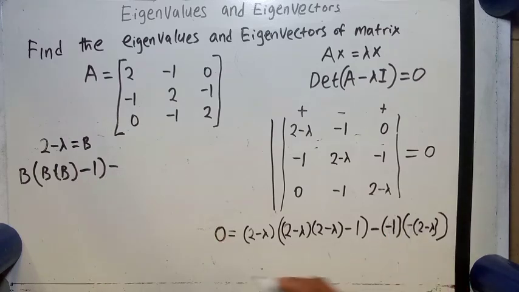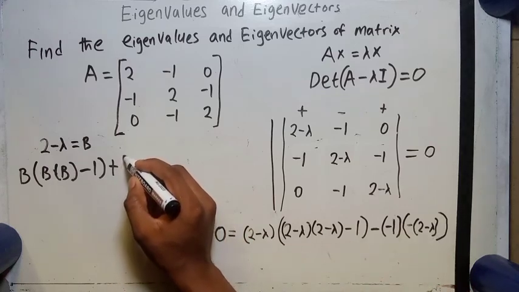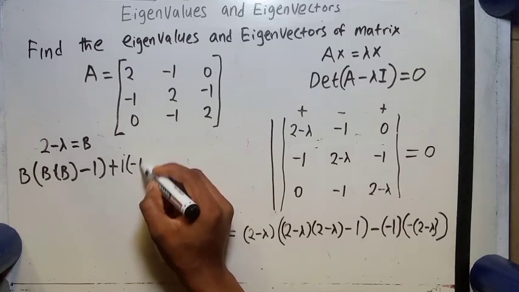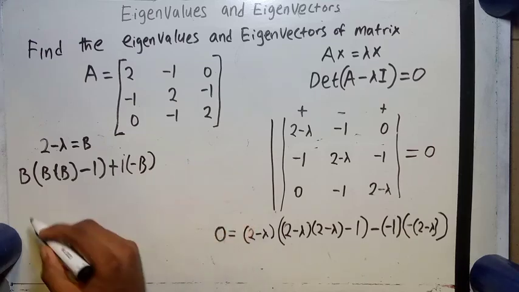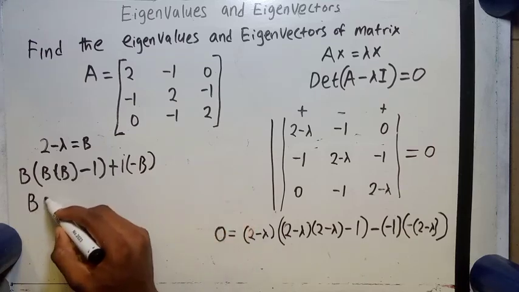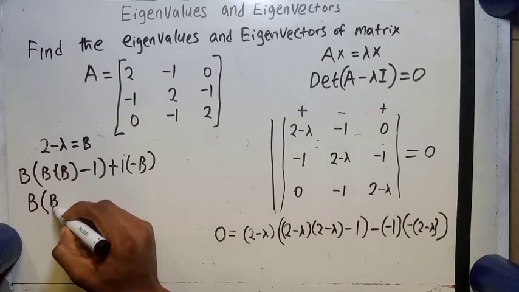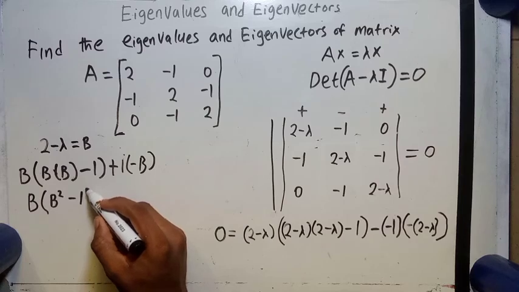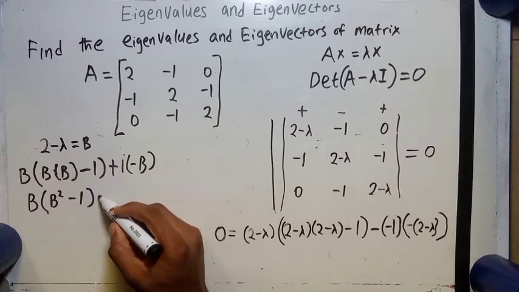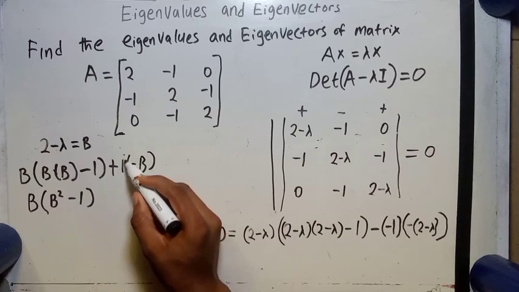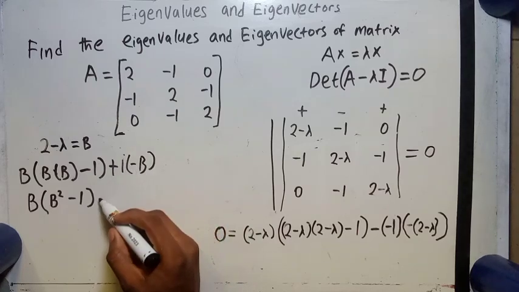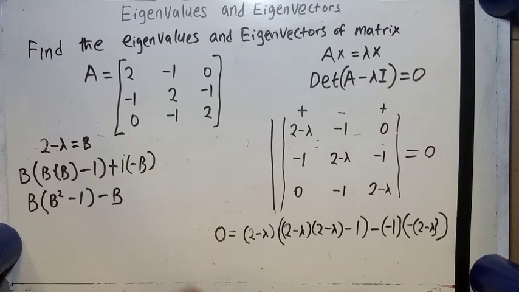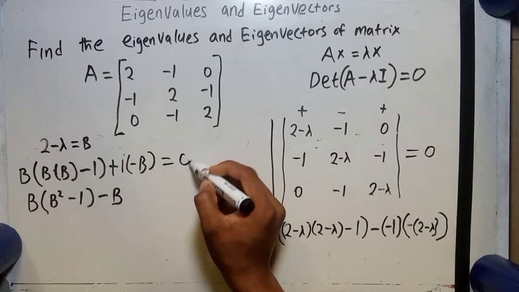Minus times minus is now plus, so we have plus 1 times minus B, plus 1 times minus B. Solving further, you have B brackets B squared minus 1 is going to be equal to, this 1 times everything here is now going to give us minus B. All of these things equal 0.